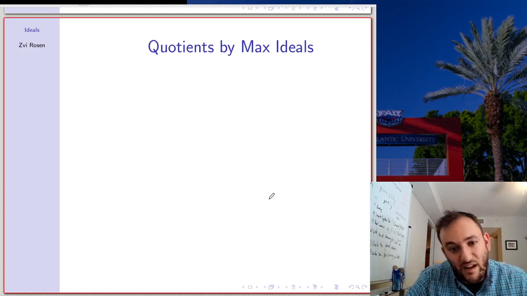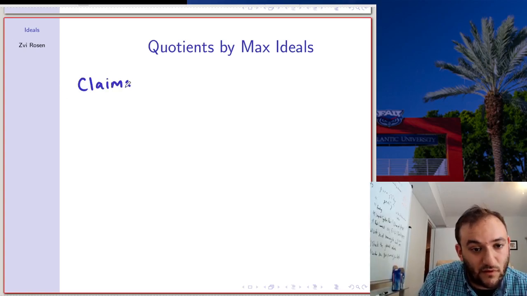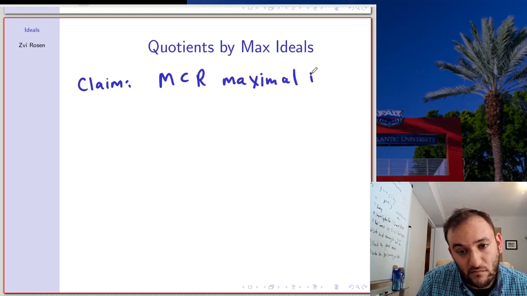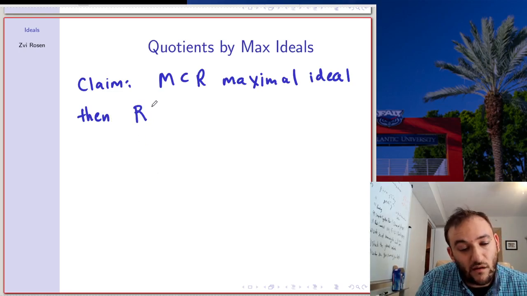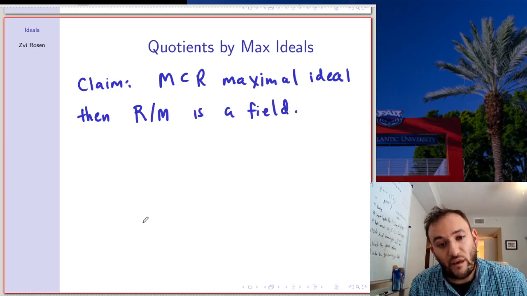Now let's consider what happens when you take a quotient by a maximal ideal. And we're going to claim that if M in R is a maximal ideal, then R mod M will be a field. Okay, well, how do we get there?